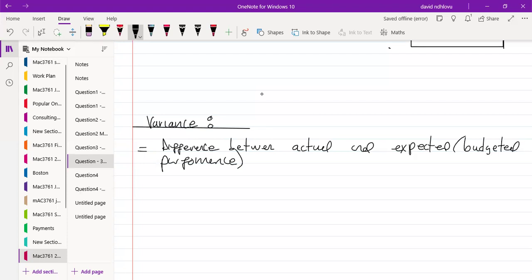When you have an entity and you are doing things properly, you compile a budget, and then you have the actual performance. At the end of it all, or at regular intervals during the year, you need to compare the budget and the actual performance so that you can identify if you are not adhering to the budget.